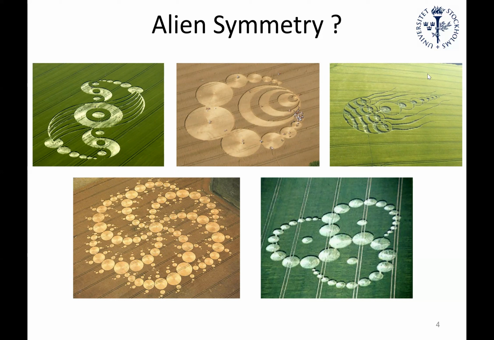If you have any suggestions, let me know in the chat, or just speak up, maybe that's even faster. Any suggestions of what sort of symmetry the first image on the top left has? Inversion symmetry, yeah.